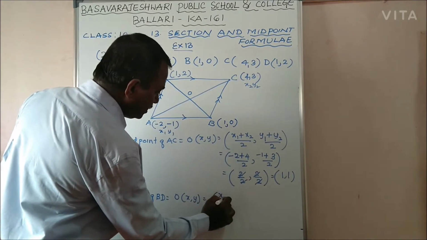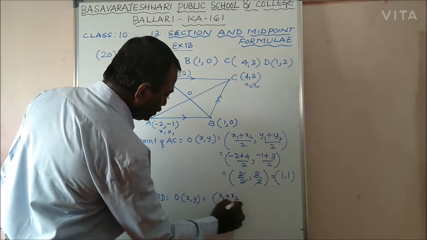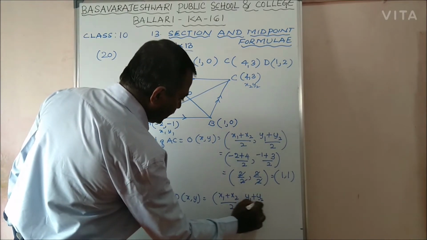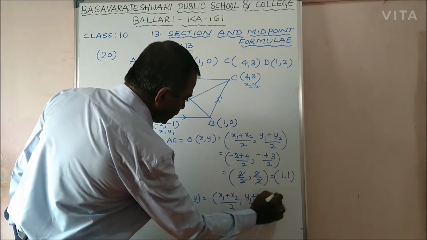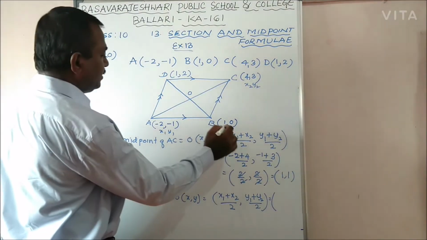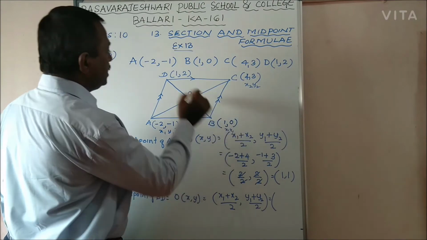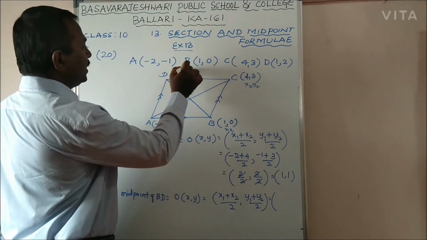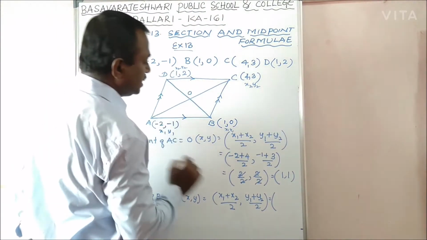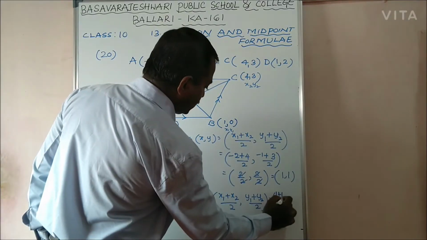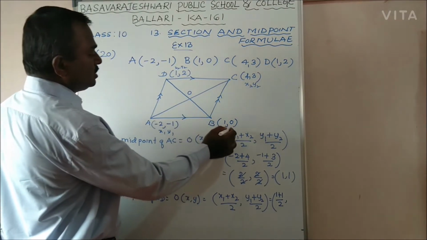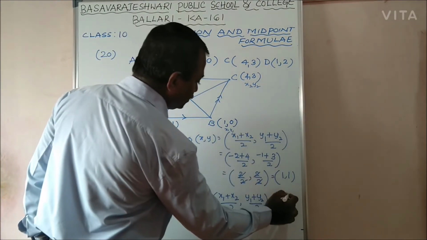(x1 plus x2) by 2, (y1 plus y2) by 2. If I take BD, this is x1, y1, this is x2, y2. So x1 plus x2 means 1 plus 1 by 2, y1 plus y2 means 0 plus 2 by 2.